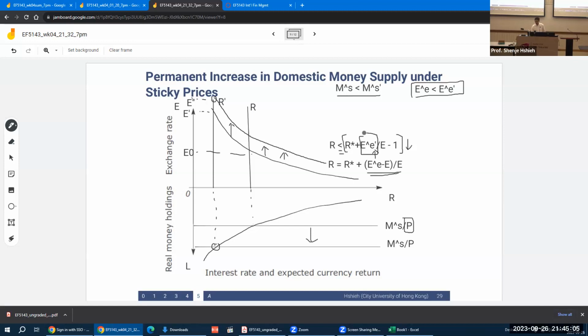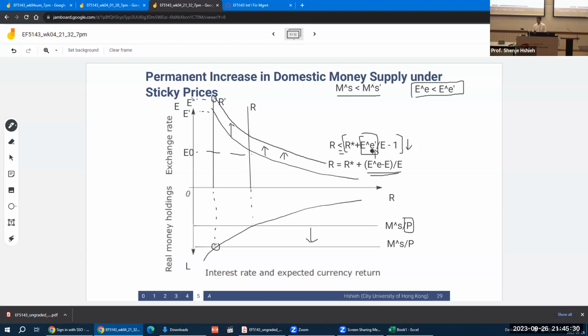Then we have another force coming in. We have this E hat E increasing to E hat E prime, which distorts UIP and creates incentives for carry traders to come in and restore parity. And they're going to do this by borrowing domestic and lending out foreign. And to do this, they need to sell domestic for foreign, which will depreciate our domestic currency further.